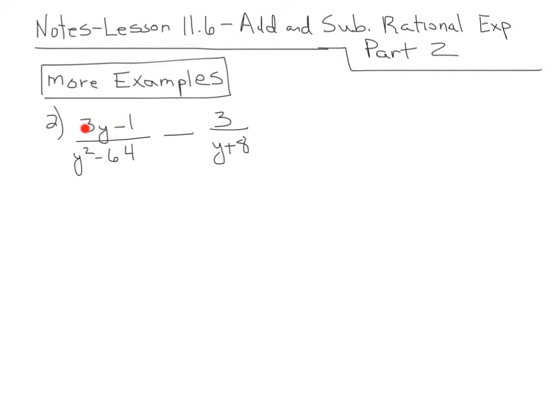Can this numerator be factored? No. There's no GCF. It's not the difference of perfect squares, so it's done. Can this be factored? Yes. It's the difference of perfect squares. So it'll be y plus 8 times the quantity of y minus 8.